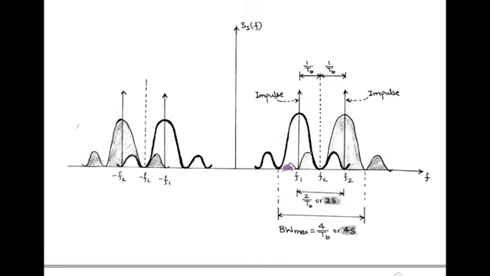But in frequency shift keying, there is a superposition of two spectra. So the maximum transmission bandwidth of FSK becomes 4 upon Tb, that is twice of 2 upon Tb, or in terms of bit rate it is equal to 4 times S.